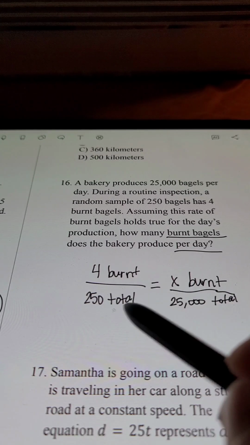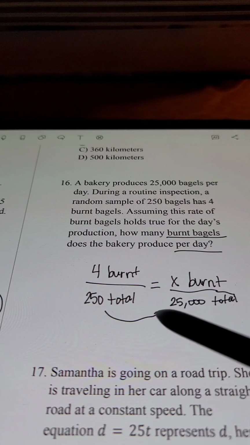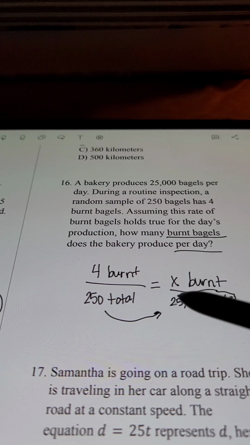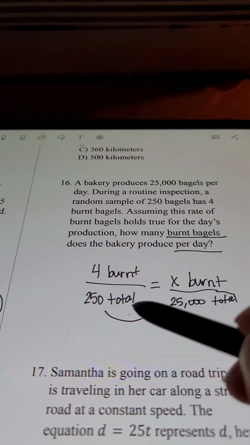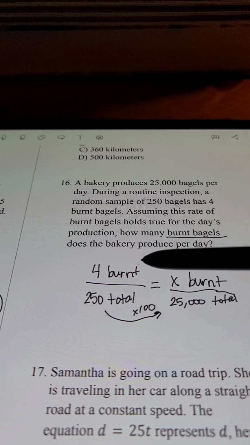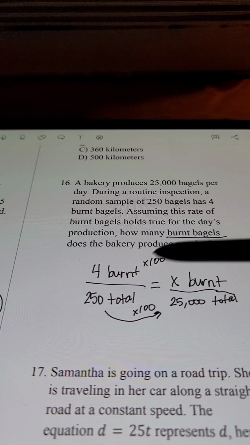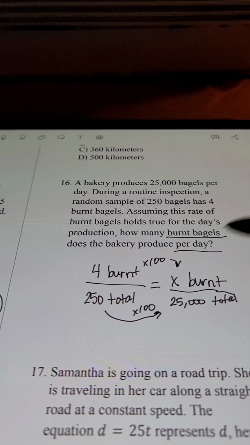So you could cross multiply, but I just automatically see, okay, to get from 250 to 25,000, I need to multiply by 100. So then I have to also do the same to the top to get to this mystery number. Well, what's 4 times 100? That's 400. So 400 would be your answer.